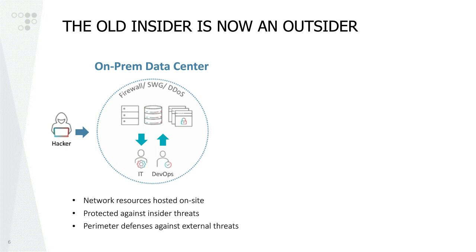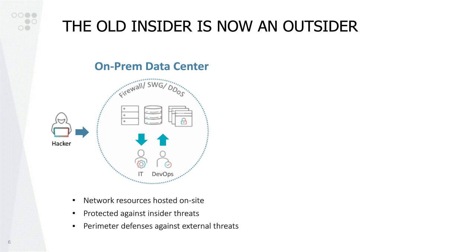So when you look at the old world of the on-prem data center, which, let's face it, wasn't that long ago, usually had IT staff and administrators residing within the same location or, at worst, within the same network as the computing resources they were responsible for.